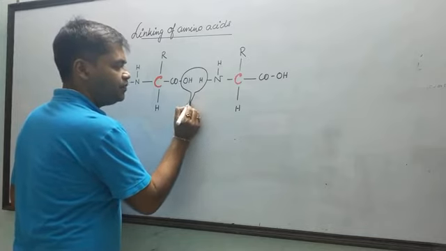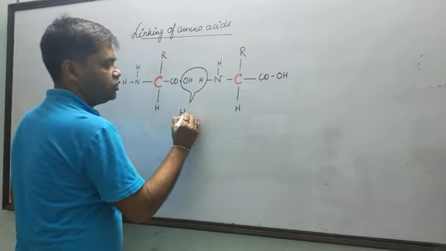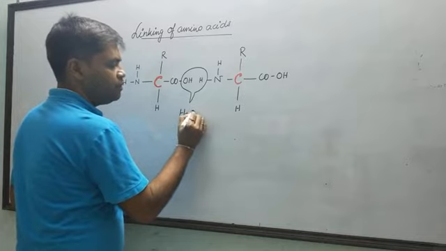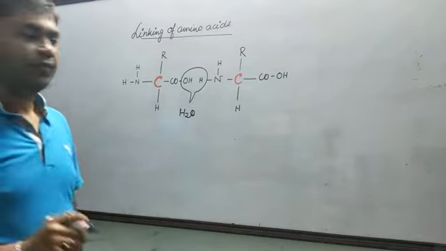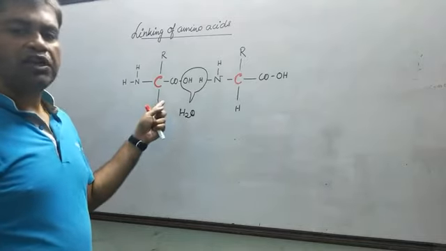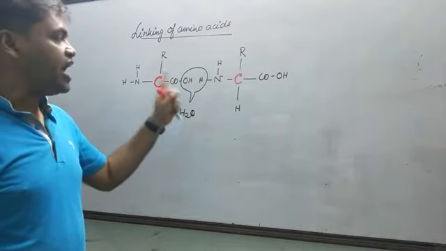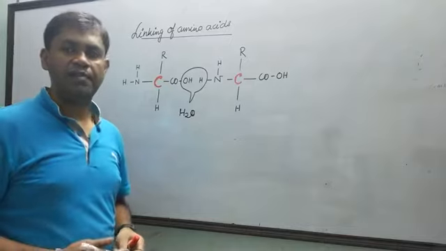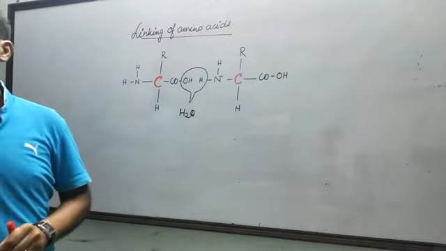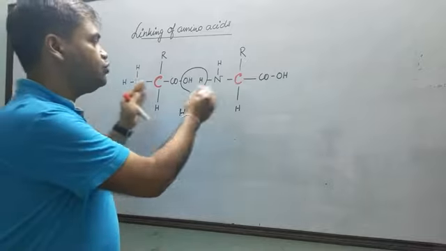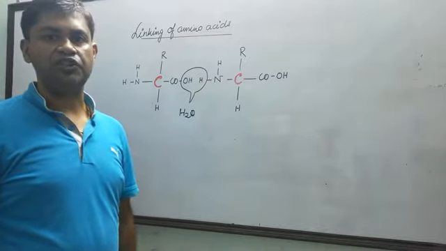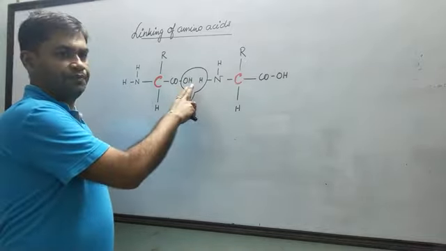If they unite, it results in the formation of H2O. That means one molecule of water is lost. So try to understand: the carboxyl group of one amino acid reacts with the amino group of another amino acid, one molecule of water is lost, and as a result these two amino acids get joined with each other by forming a bond.